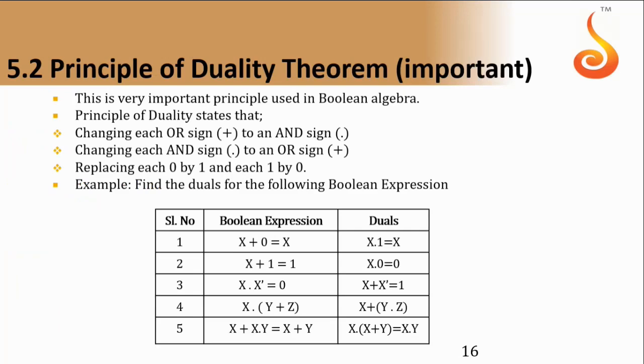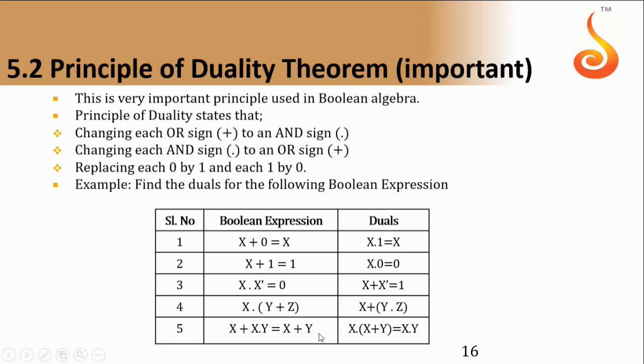So hopefully we did that, and now I think we didn't do this fourth one. I think we did that. The fifth one we'll have to do. X plus x dot y is equal to x plus y. So x is written as it is, plus is changed to dot, x dot y is changed to x plus y, because I am changing this dot to plus, is equal to x plus y.